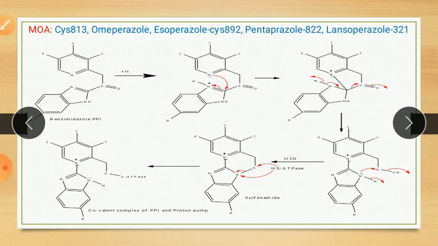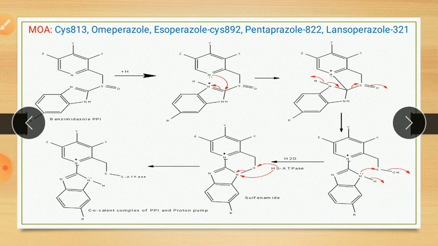Now how does this drug act? The benzimidazole proton pump inhibitors are prodrugs that are rapidly converted into a sulfenamide intermediate in the highly acidic environment of the gastric parietal cell. The weakly basic benzimidazole derivative proton pump inhibitors accumulate in this acidic environment.